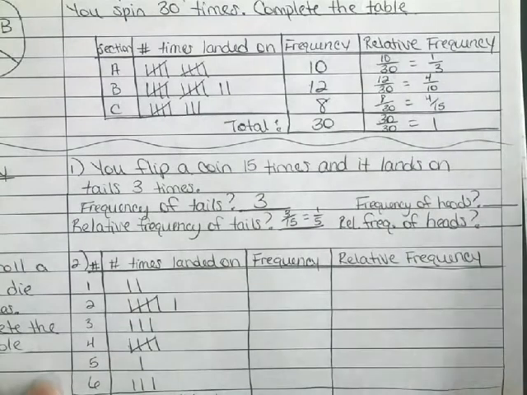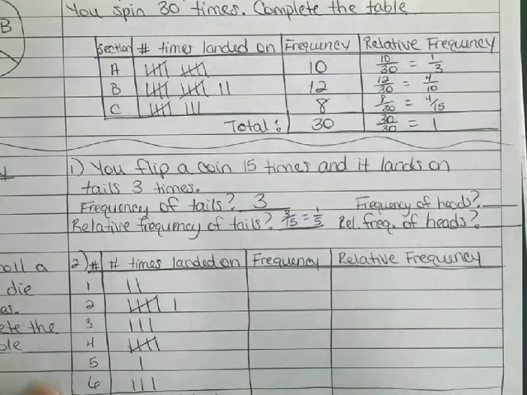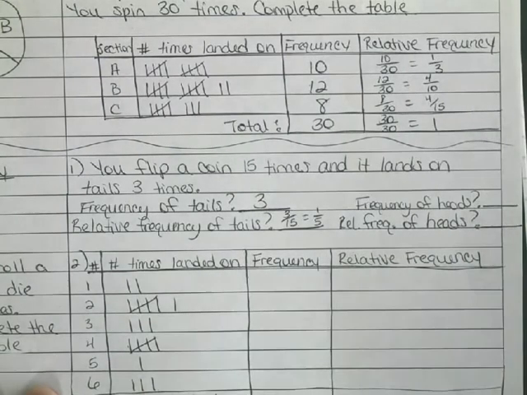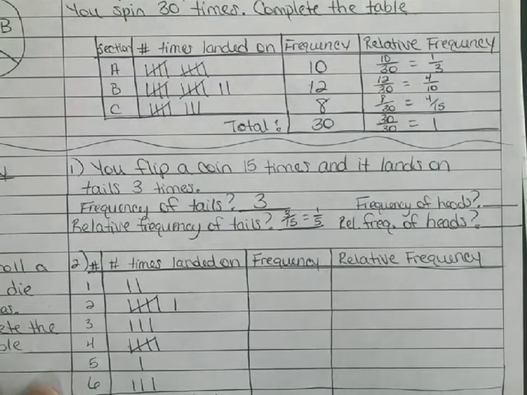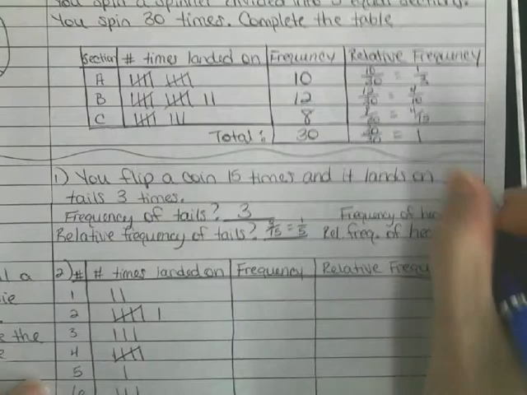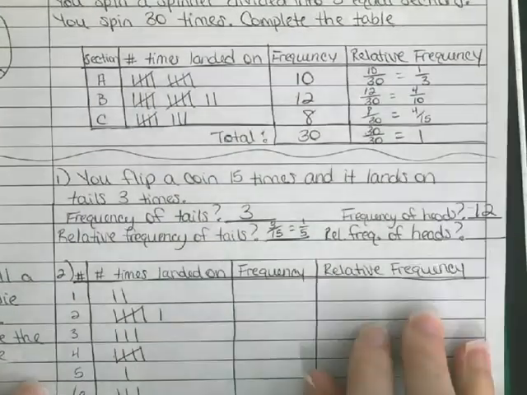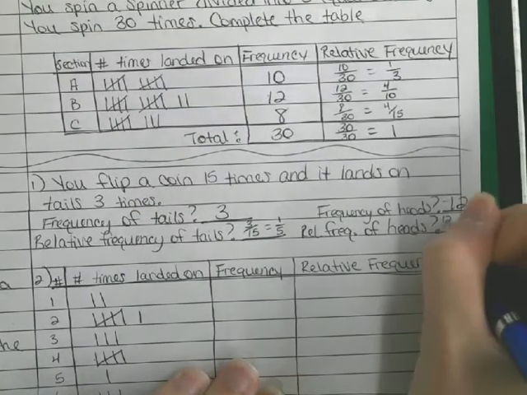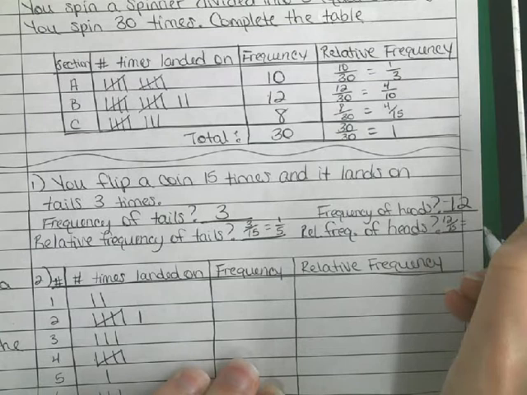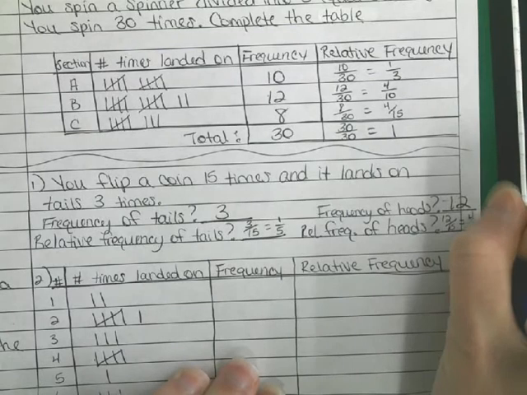Now, what's the frequency of it landing on heads? Well, if it was flipped a total of 15 times, and 3 of those times were tails, 15 minus 3 is 12. So the frequency of heads would have to be 12. So the relative frequency of heads would be 12 out of a total of 15, which we can reduce to 4 over 5.